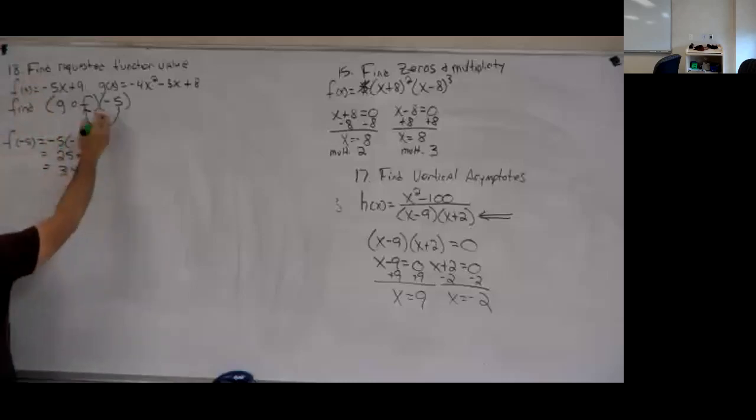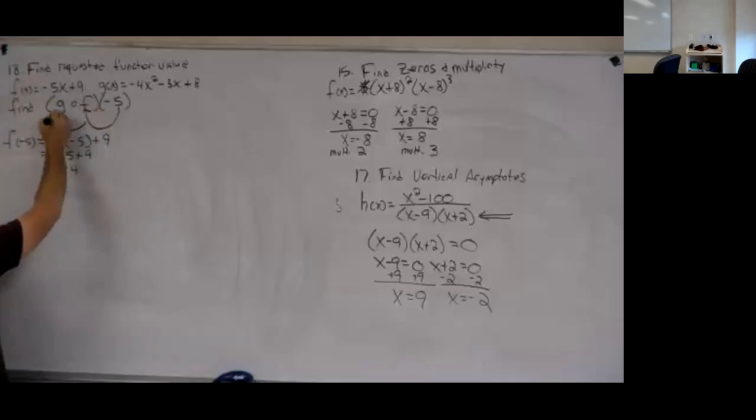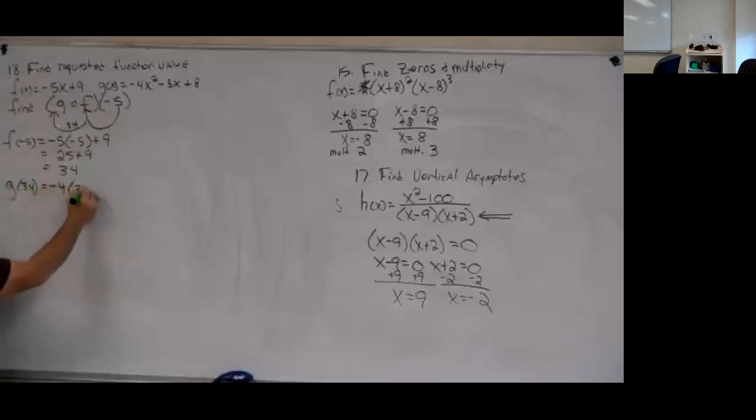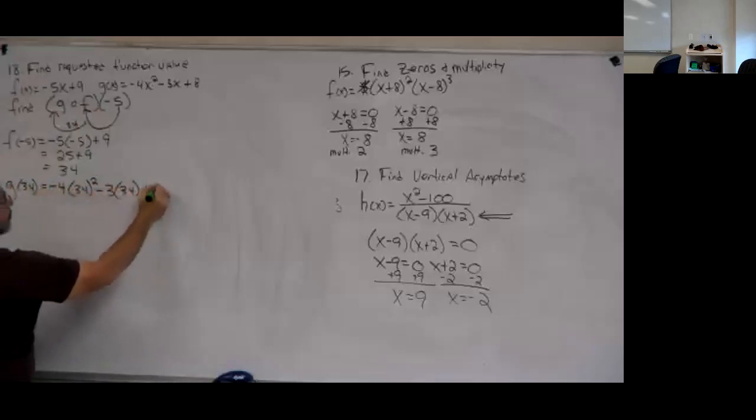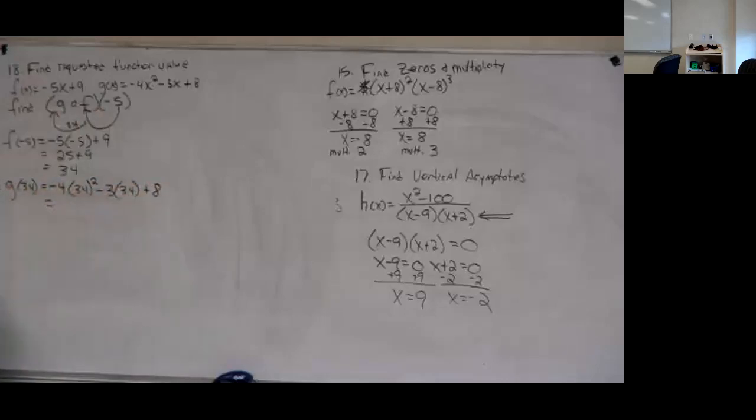So since 34 was the answer, now I take that 34 and put it into the g, okay? So I'm finding g of 34. Oh, okay, that's going to be negative 4 times 34 squared minus 3 times 34 plus 8. Well, I'm figuring this will be negative, and I got about 3 negative answers on this one.